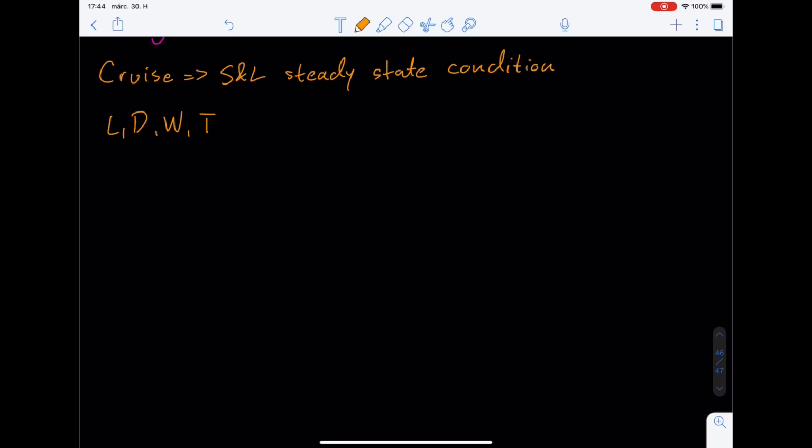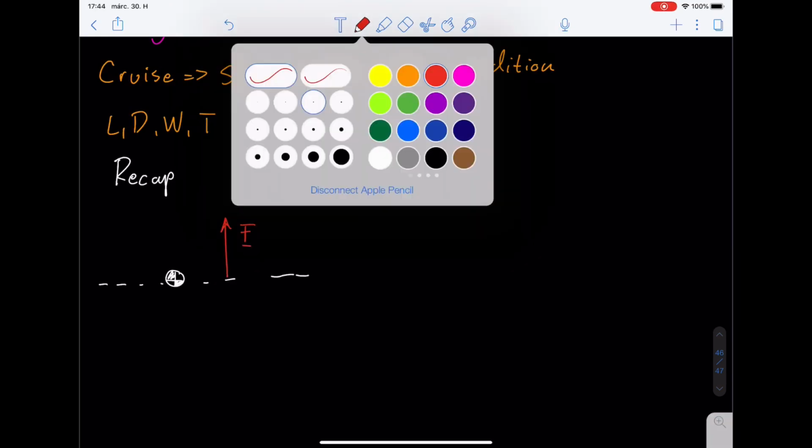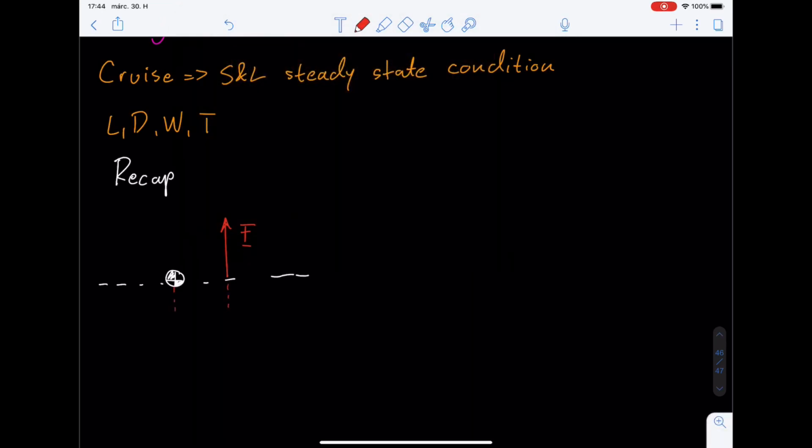But just as a very quick recap, if I have a center of gravity, and I have a given force, like this force F, which is acting at a distance from the center of gravity, right?